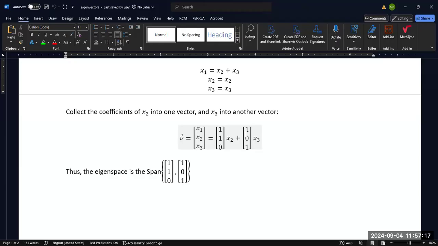As long as it's a linear combination of these two vectors, then it's going to be in the eigenspace for -4 as the eigenvalue. So the eigenspace is the span of these two vectors. And again, that means any linear combination of those vectors will result in the matrix acting like a -4 multiplier.